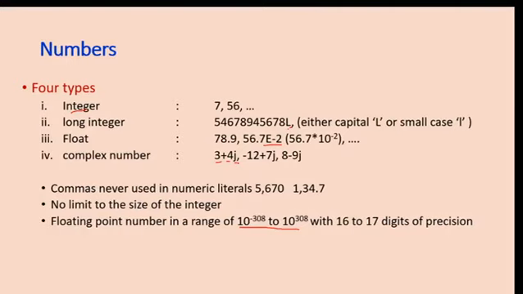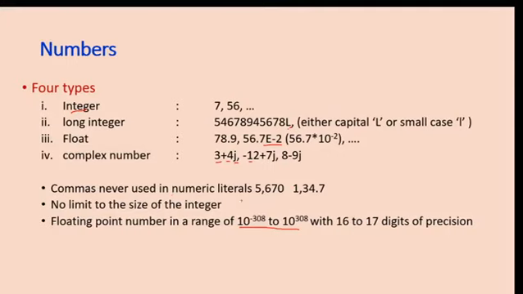J should be given at the end, and it should not be I. Mathematically we sometimes represent it as a plus ib or a plus bi, but here in Python it will recognize only j. So real part plus or minus imaginary part followed by j. This is the standard format for representing a complex number.